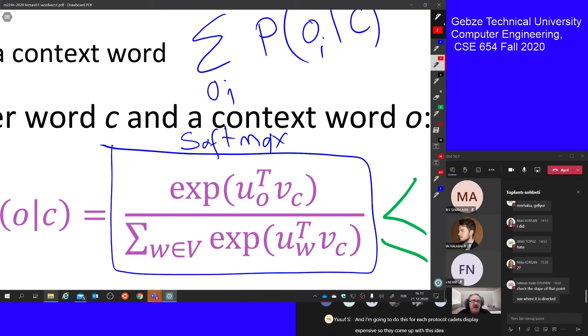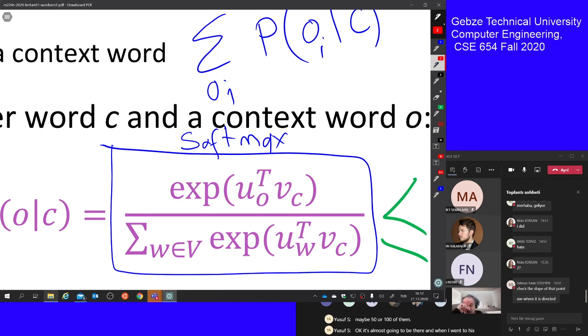They say, why are we using all of them? Just sample this space, and instead of 40,000, use only maybe 50 or 100 of them. I'm going to do this randomly.